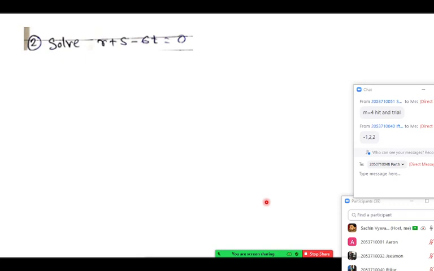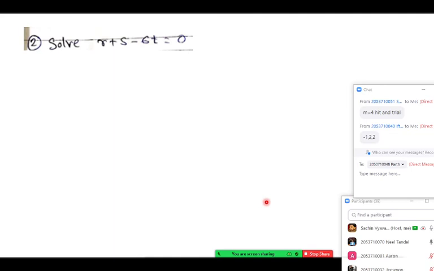Yes, anyone? What is the differential equation first? Tell me in a standard notation. What is the value of r?